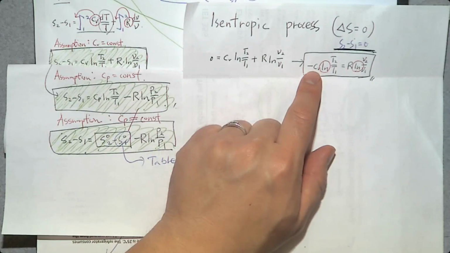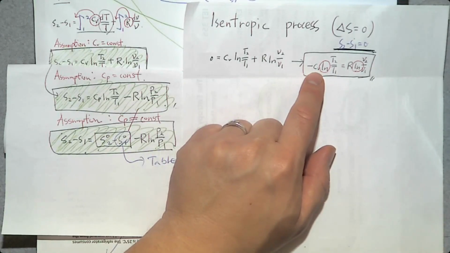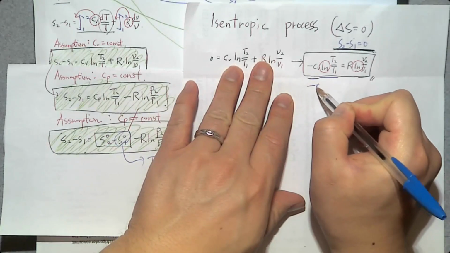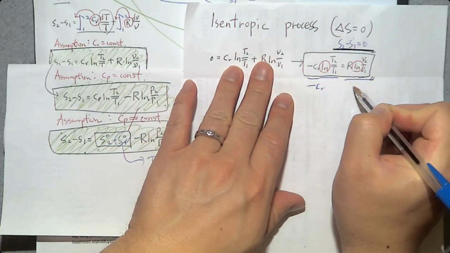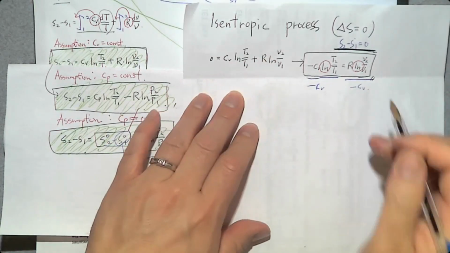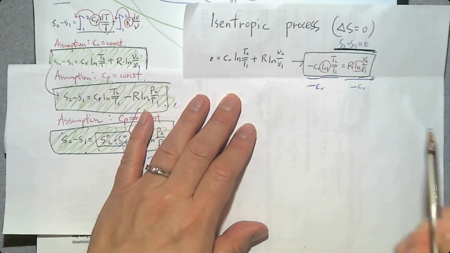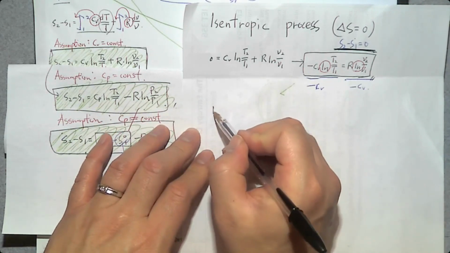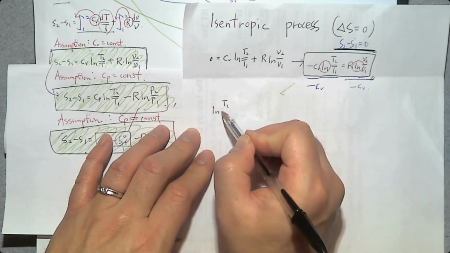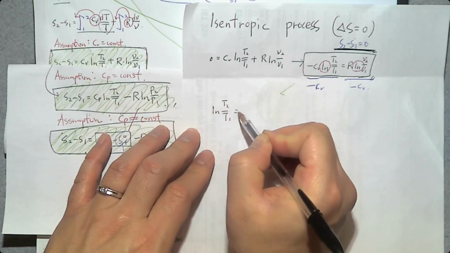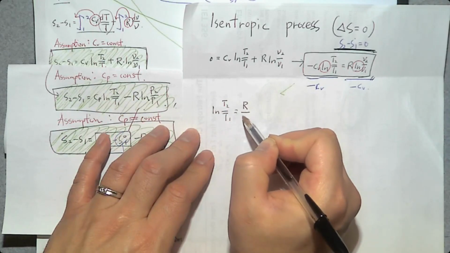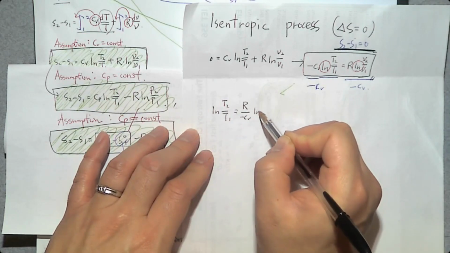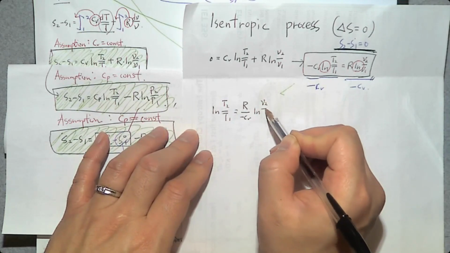So can you get rid of this minus Cv? Yes. Divide by minus Cv. Then what do we get? We get natural log T2 over T1 is going to be R over minus Cv natural log V2 over V1.